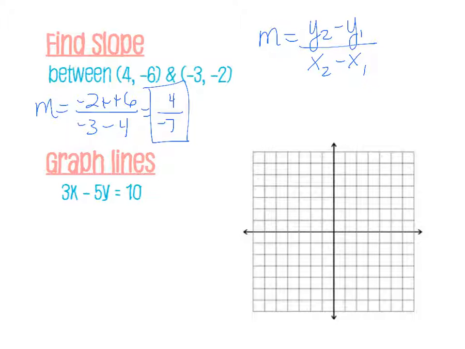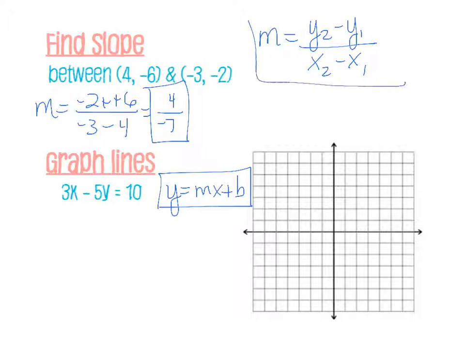Let's talk about actually graphing those lines. This particular equation that I have is linear, but it's not in that nice graphing form. The graphing form you're probably familiar with is slope-intercept form. These are the formulas that you should know, and if you don't, take note of those. In order to graph this line that I gave you, it would be nice if it was in slope-intercept form.